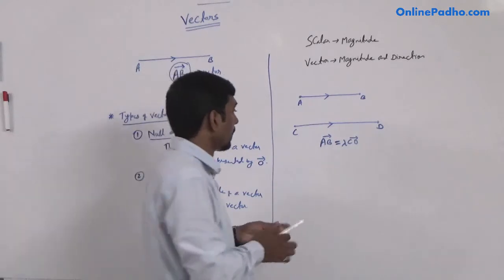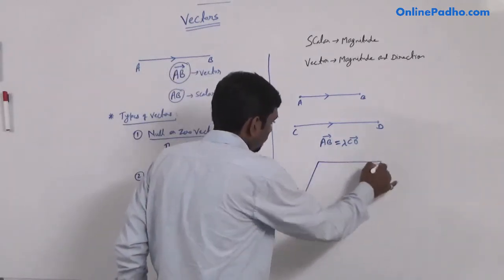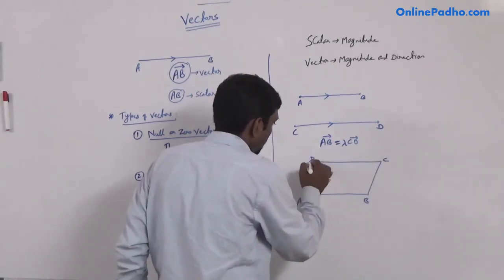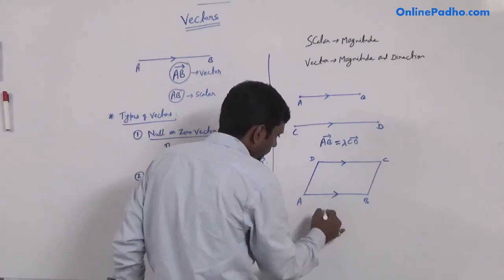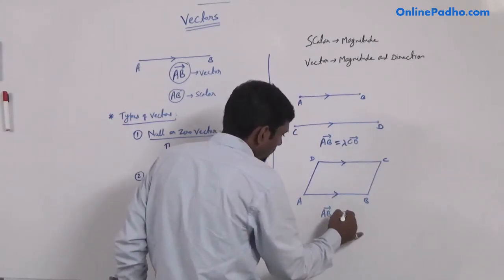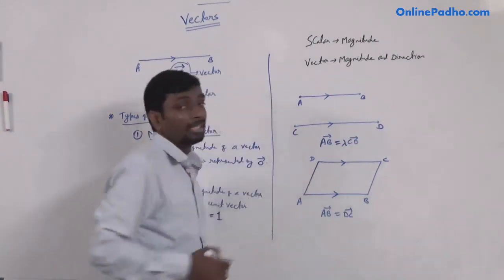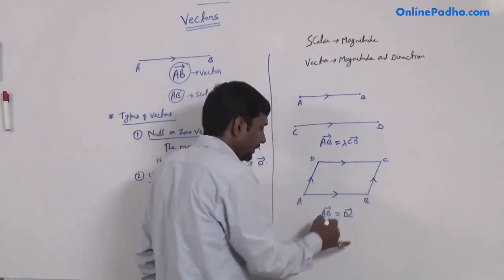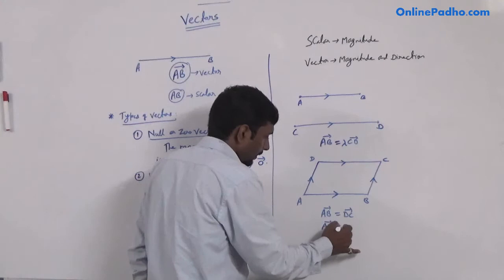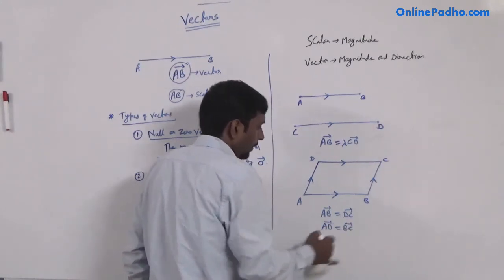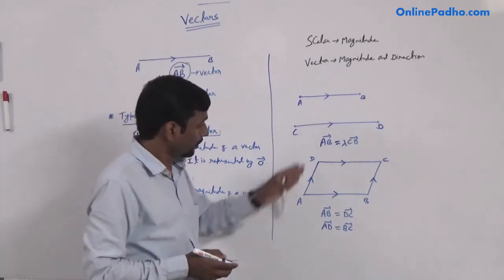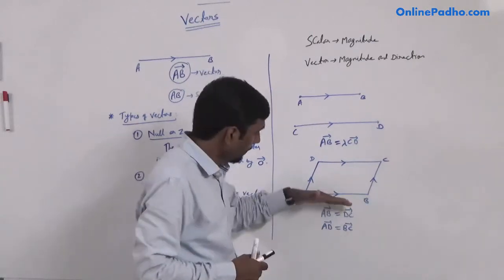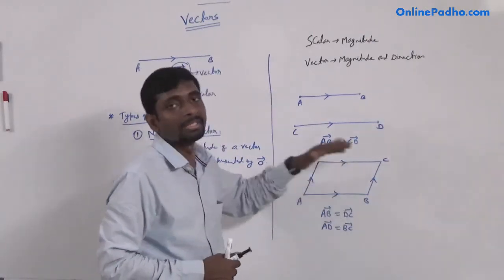If we have a parallelogram, let us see, if ABCD is a parallelogram, we can say that AB vector is equal to DC vector. We can also say that AD vector is equal to BC vector, and DC vector is equal to AB vector, because magnitudes are same and the directions are same.